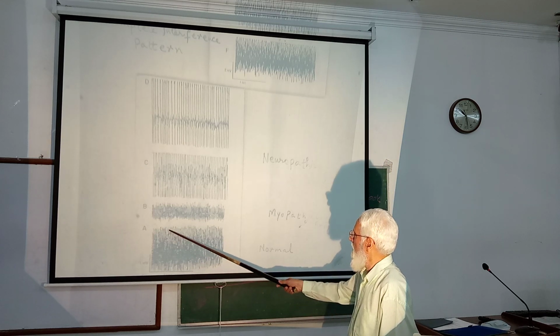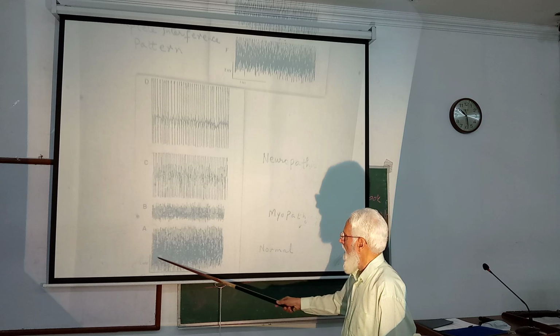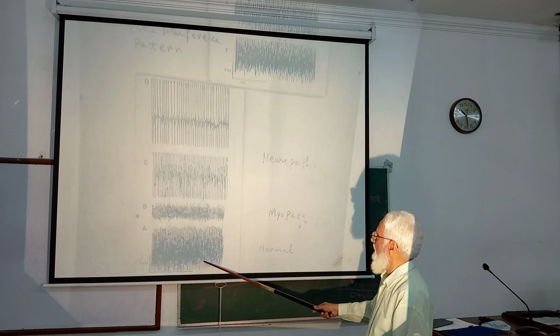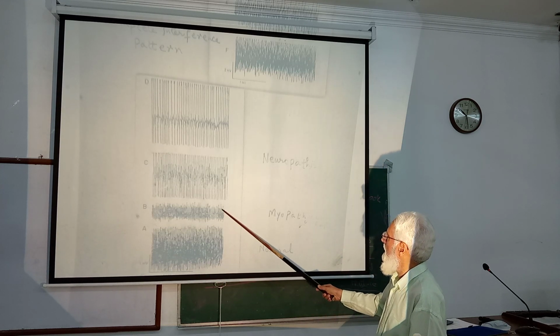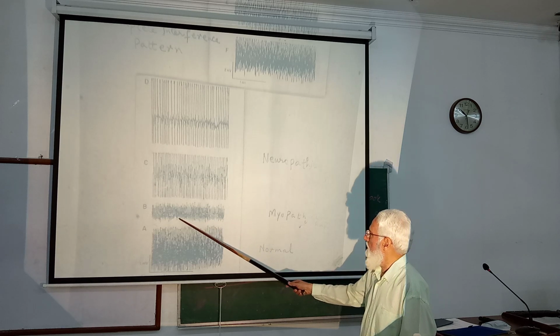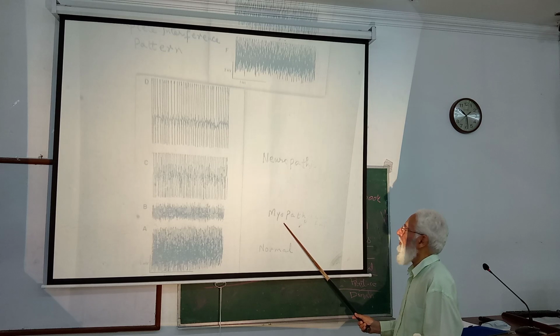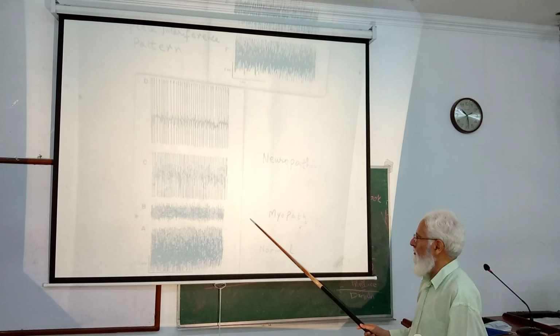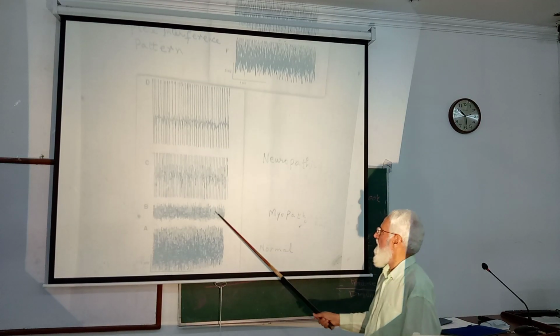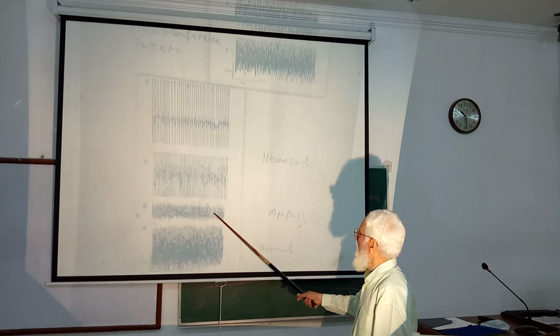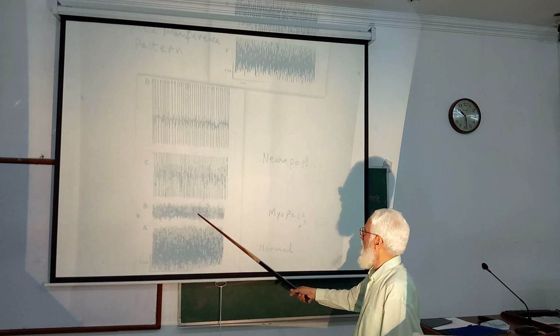This is the pattern in the normal muscle when it is contracted. And this is the recording in the EMG when there is myopathy, or muscle disease.